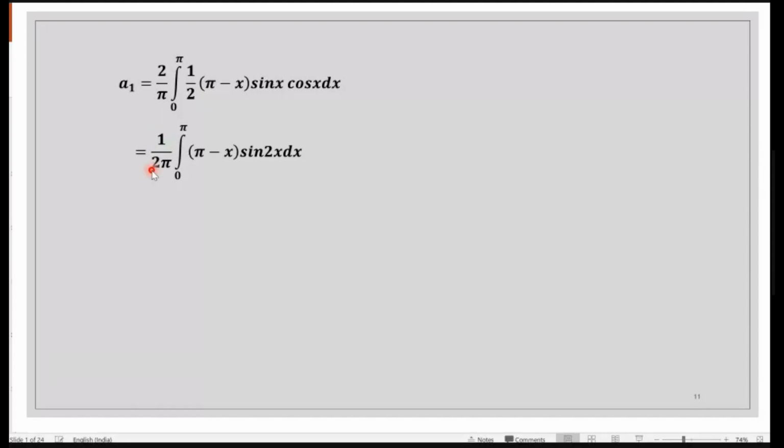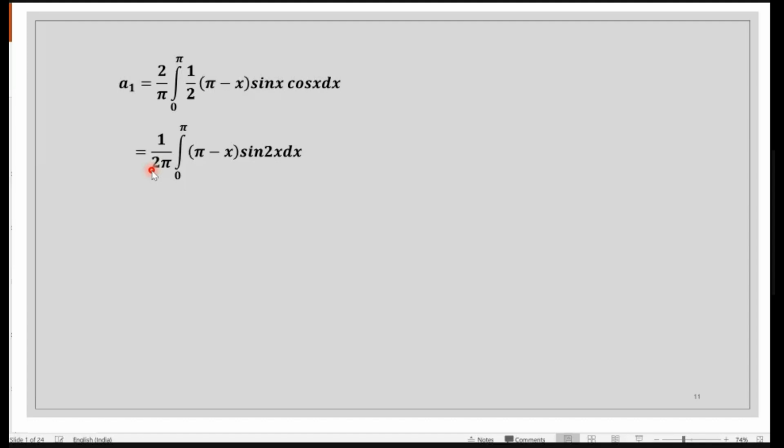Again use u into v and tell me what will be the value of a1. Use u into v and see what answer we get. Try u into v again. Again I'm telling you, don't separate pi and pi minus x.